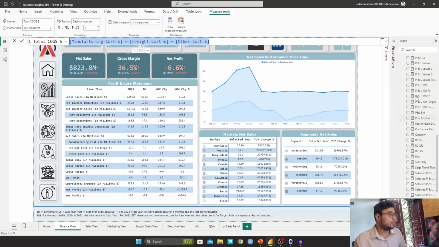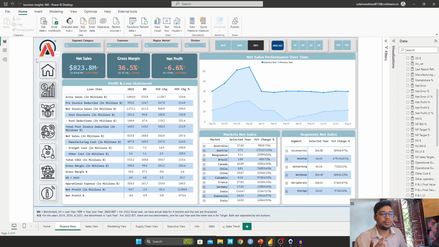So the gross margin will be the amount of the net sales minus the total cost of goods sold. In the gross margin we are seeing there is a little loss, and similarly net profit.